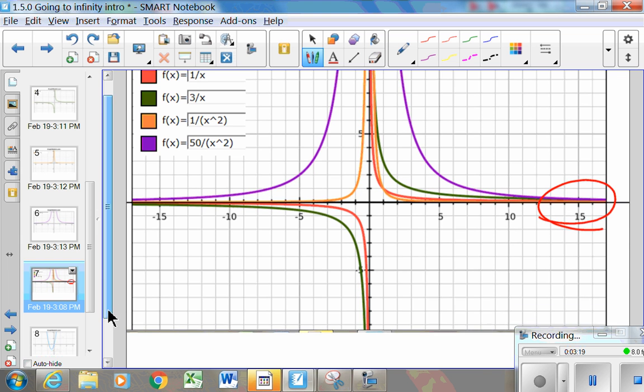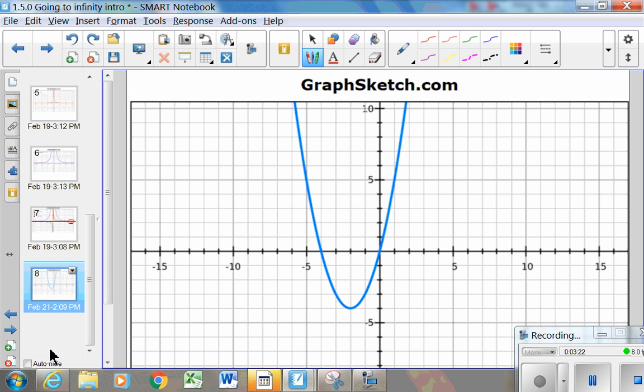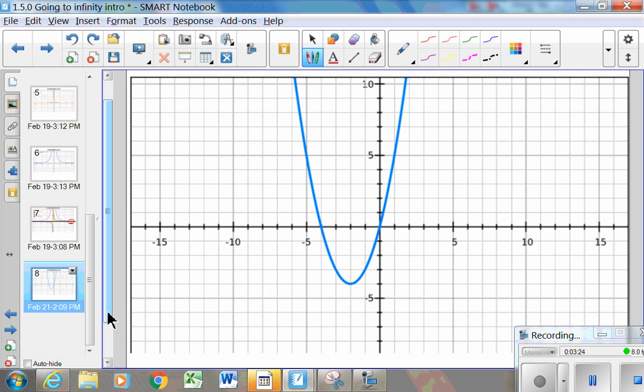The reason for that is if you look at a quadratic function, this is x squared plus 4x, and you think about what number you are approaching as you go closer and closer to infinity, you don't approach a defined number. The larger the x value is, the larger the function value is. So there's no defined answer when you go to infinity for linear functions or quadratic functions or cubic functions, anything like that.